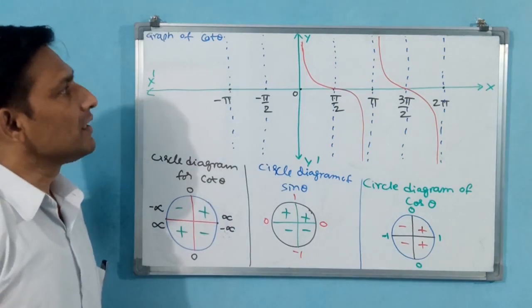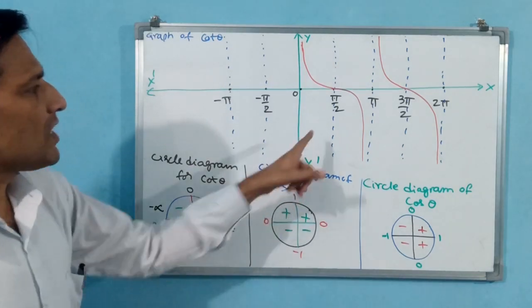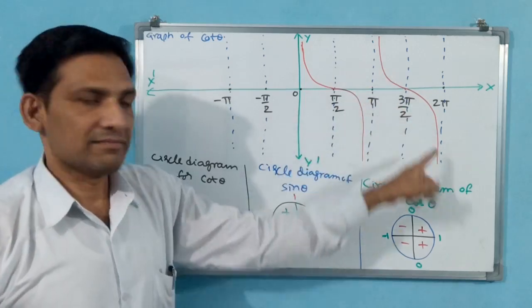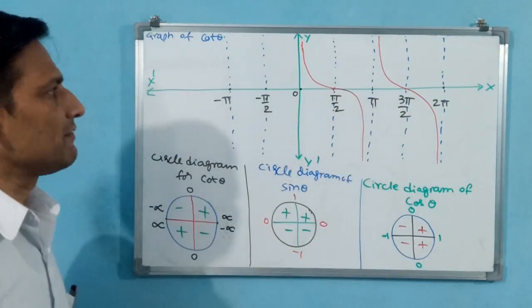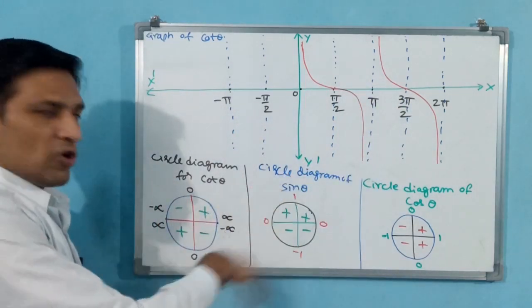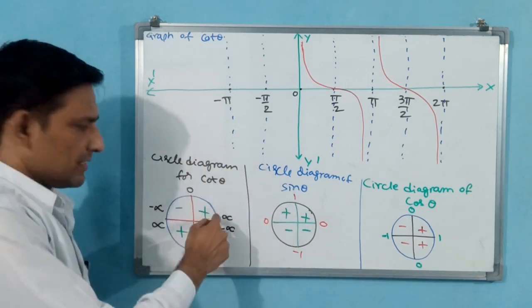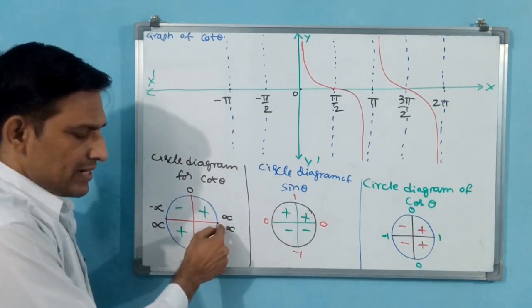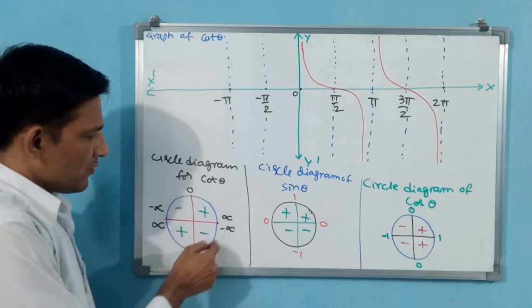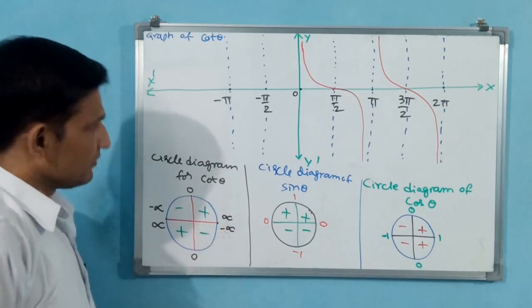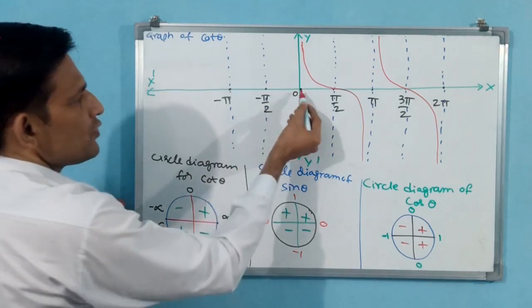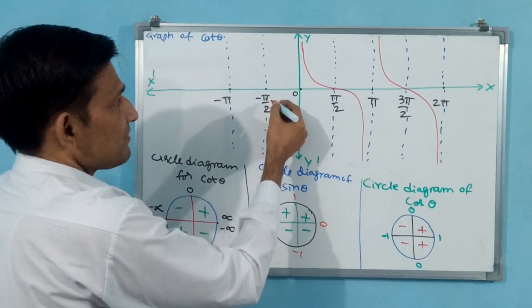You understand? See here, the graph is not the dotted lines, the graph is the red line. Red line only is the graph. Now we go in reverse direction, negative angle. From 0 to minus pi by 2, minus infinity to 0.